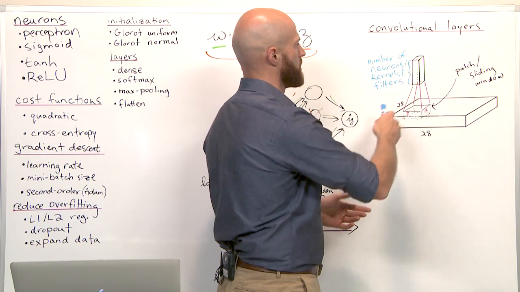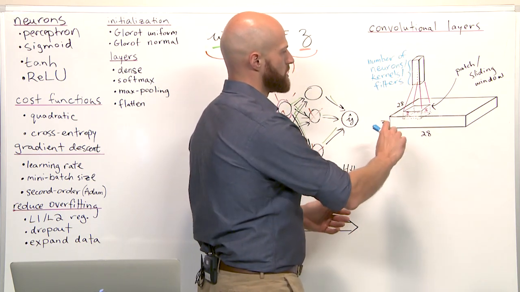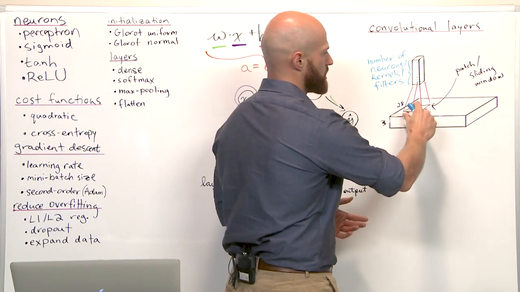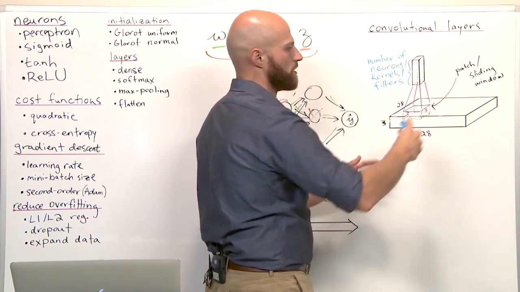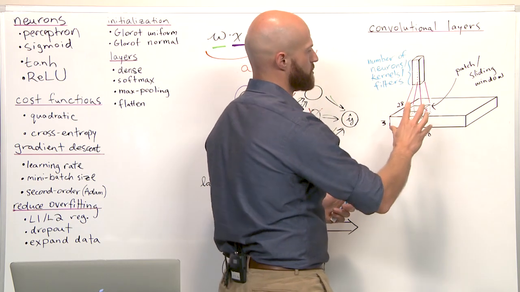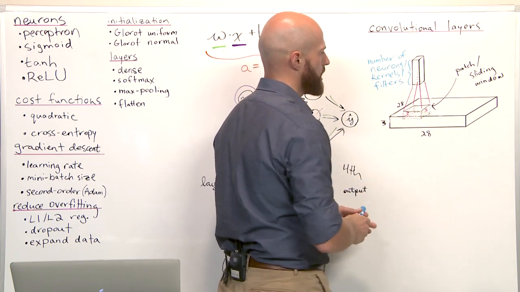Now we can actually talk about what the convolutional layer does. What it does is similar to the way that the max pooling layer slid over the surface of our larger image. So does a convolutional layer. It has this patch or this sliding window.